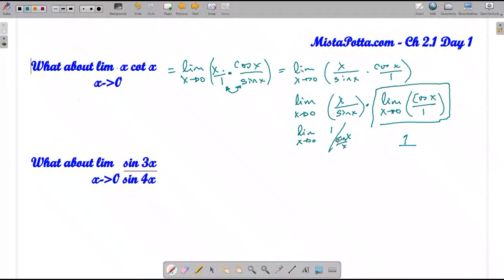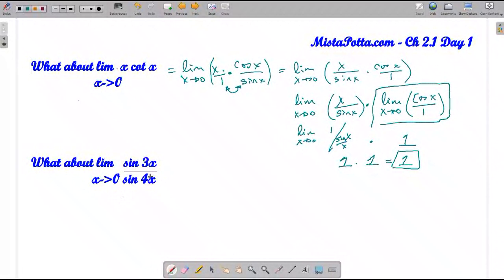And we mentioned that this limit does exist, because the limit of a fraction should be equal to the limit of the numerator over the limit of the denominator, so long as the limit of the denominator exists, and it is 1. So what we actually end up with is 1 times 1, which is 1. So this has a pretty straightforward limit.